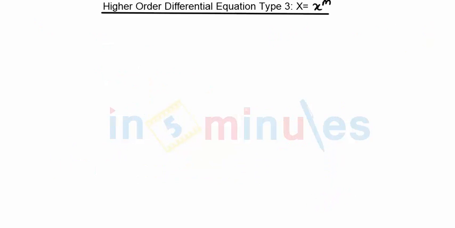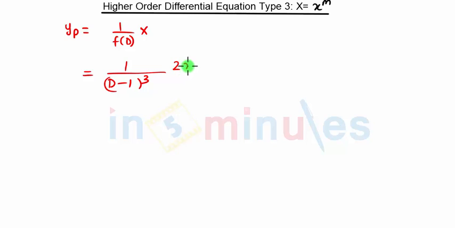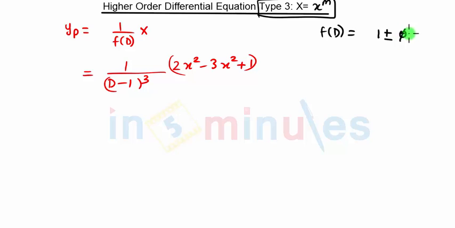After this we need to find yp, and yp is given by 1 upon f of d into x. What is f of d? f of d is nothing but d minus 1 the whole cube. And what is x? x is nothing but 2x cube minus 3x square plus 1. Here is the hint. In a type 3 problem, always represent f of d as 1 plus or minus some function of d the whole raised to n.